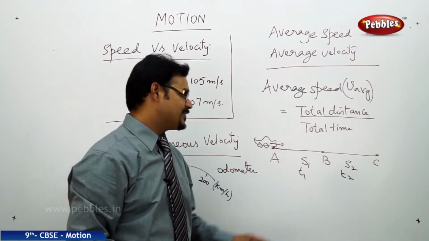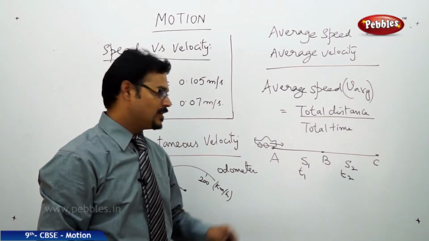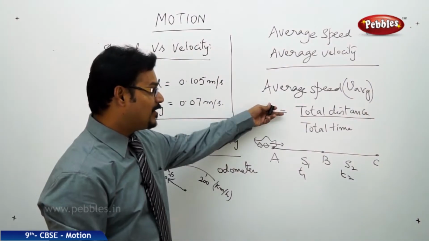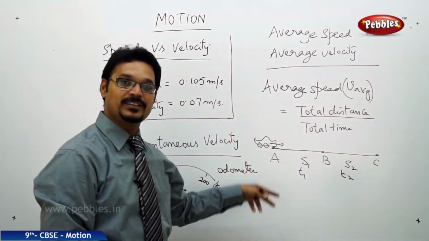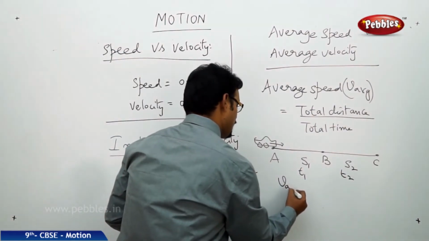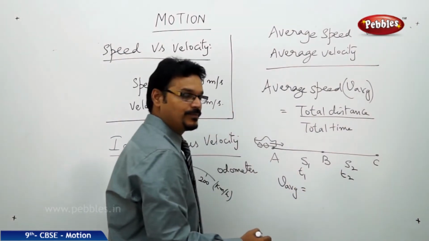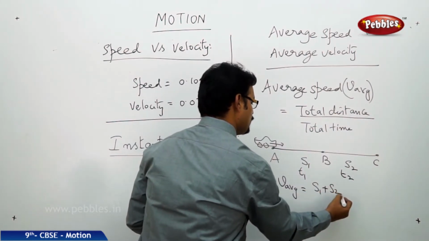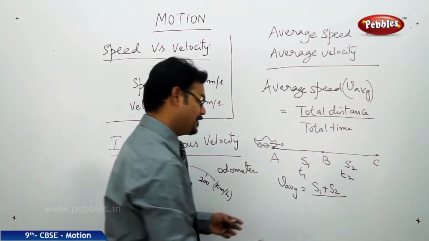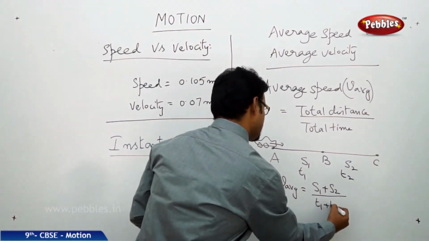Now see the formula carefully. By the definition itself, we can write the formula. V average equals total distance, S1 plus S2, divided by total time, T1 plus T2.